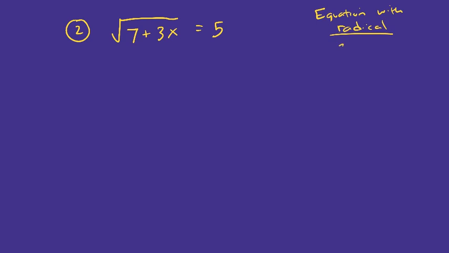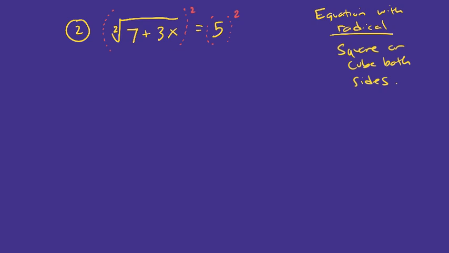Then we're going to square or cube both sides. And in this case, since it's a square root, we've got that invisible 2 in there. We're going to square the left side of the equals and square the right side of the equals.